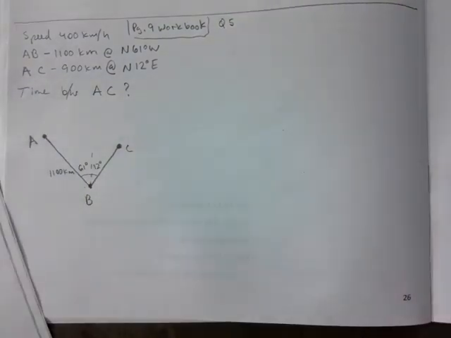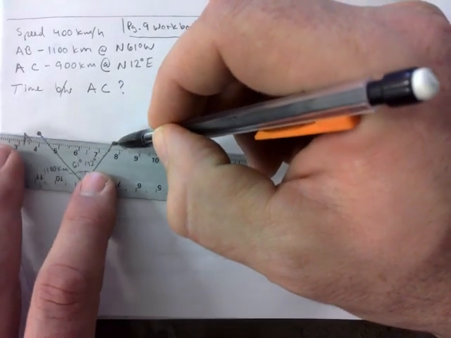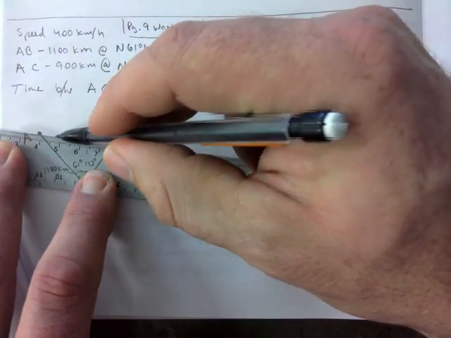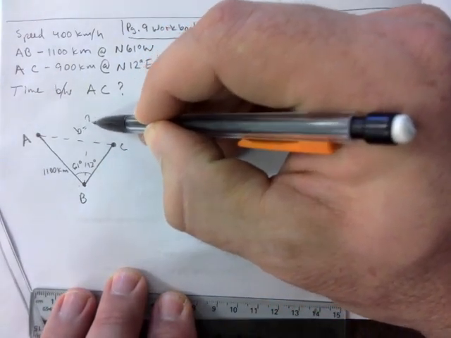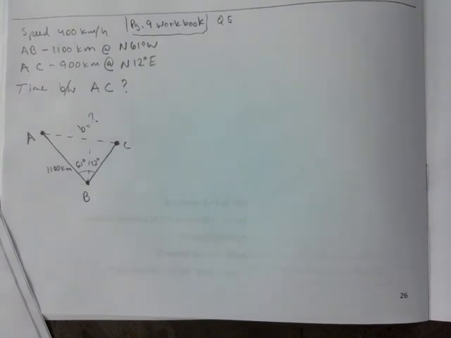And now here comes my dashed line. This is basically what I need to figure out. And this is my question mark. I will figure out that distance and then I can figure out how long it would take to fly. Okay.